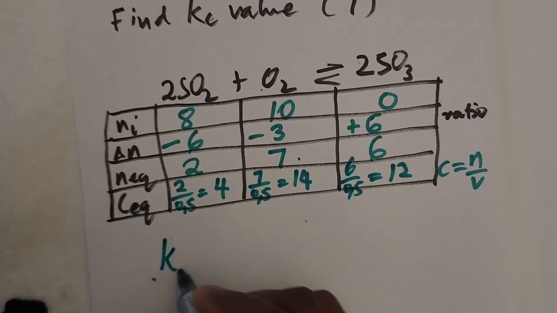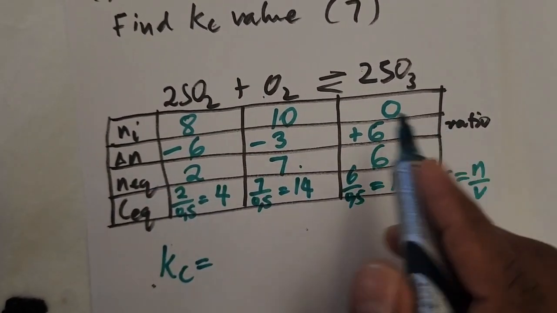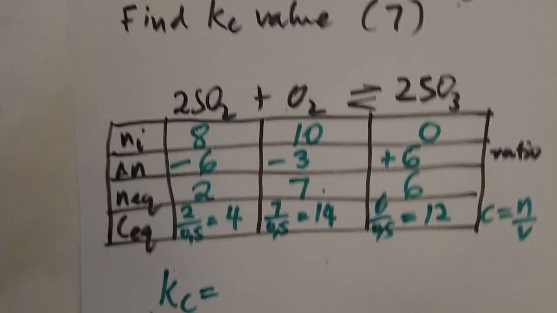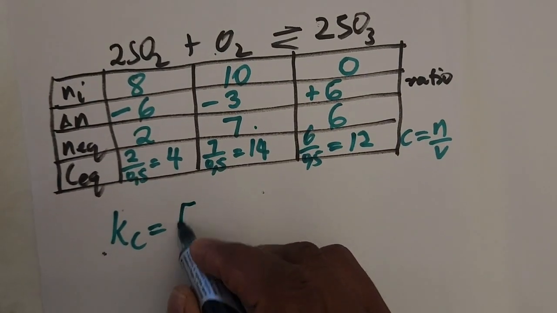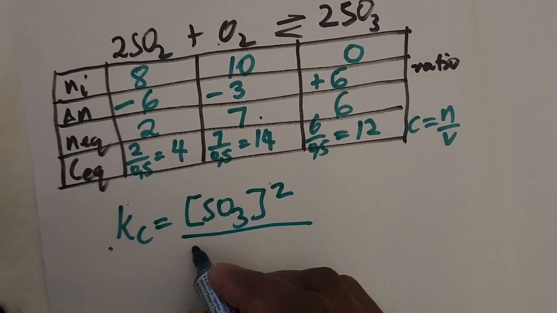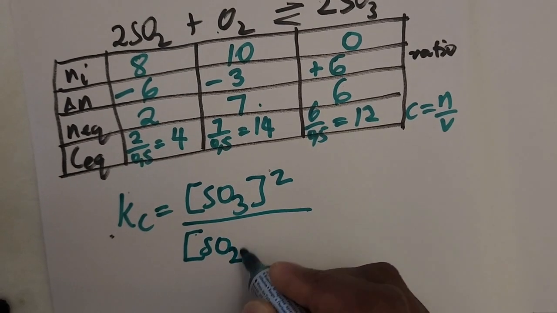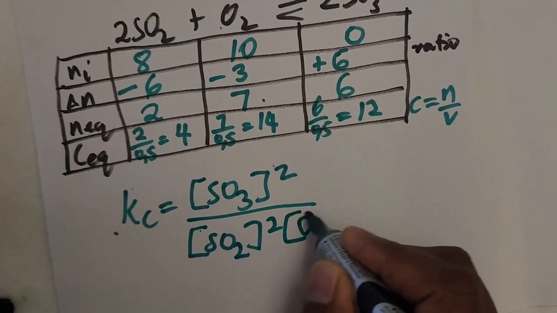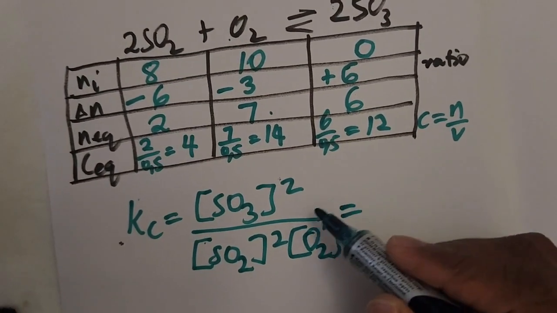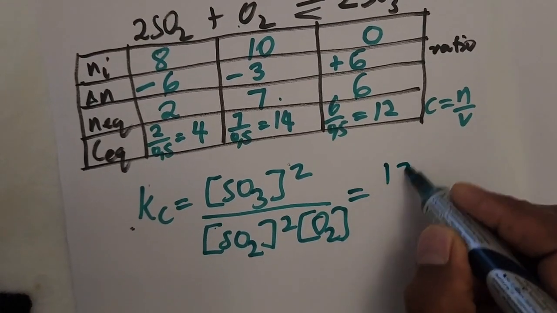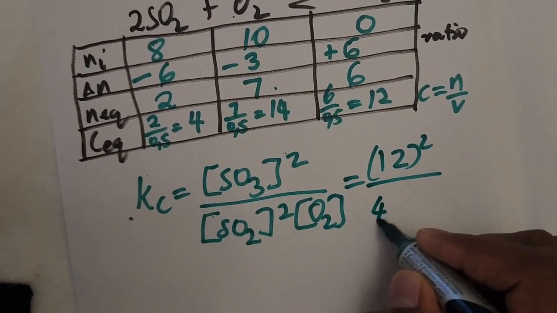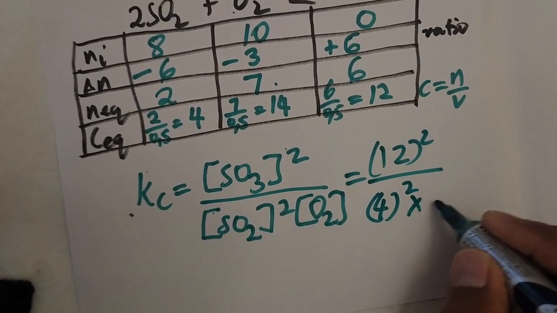What we do, we write the Kc expression. According to this one, they are all gases. If they are all gases, they are there in the equilibrium expression. Therefore, the product will be sulfur trioxide squared divided by sulfur dioxide squared multiplied by oxygen. If we substitute, we get 12 squared divided by 4 squared multiplied by 14.